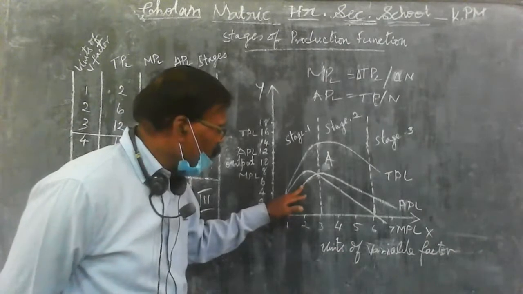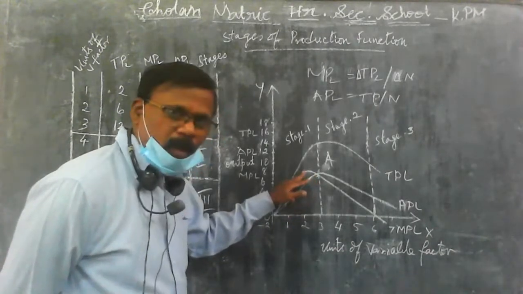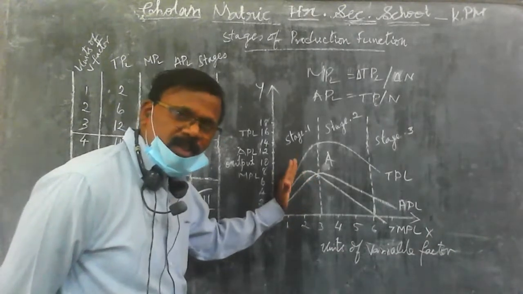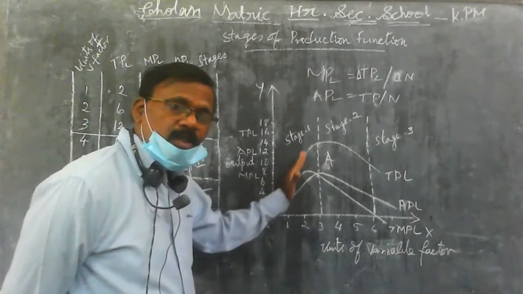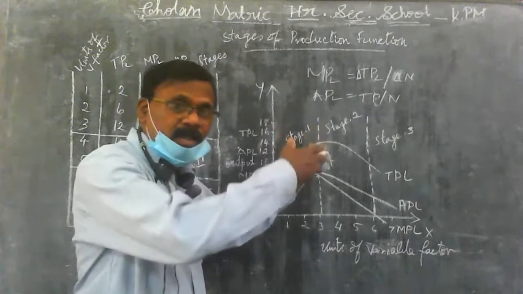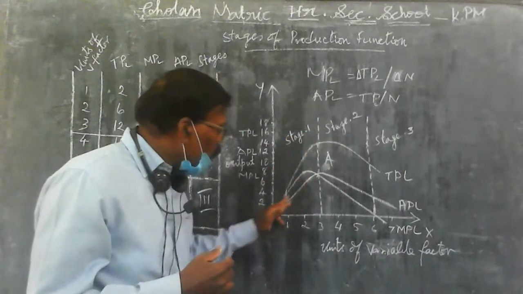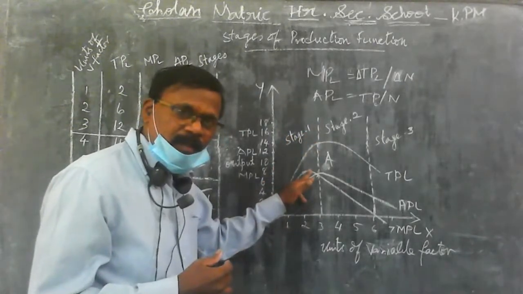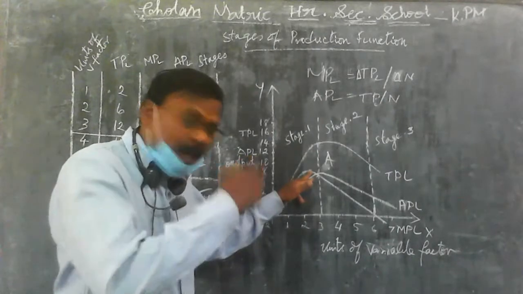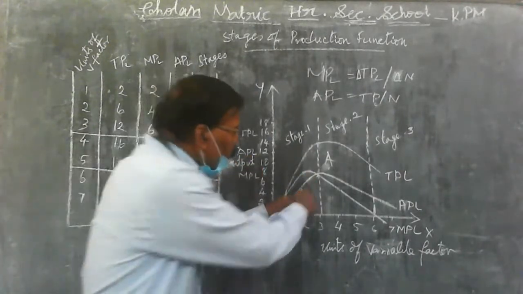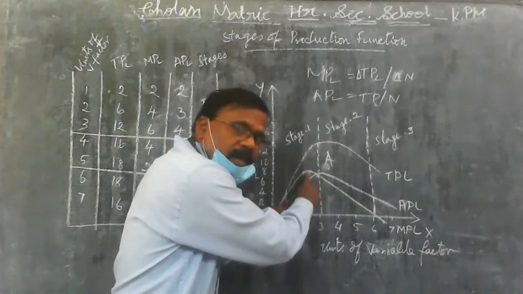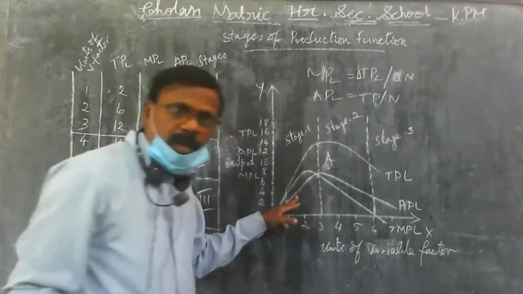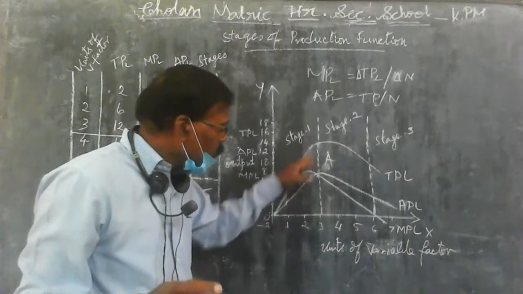Which is higher, marginal product or average product? In the first stage of production, total product increases at an increasing rate and marginal product increases. That is why it is higher than the average product. Any doubt? Yes. This is the first stage.